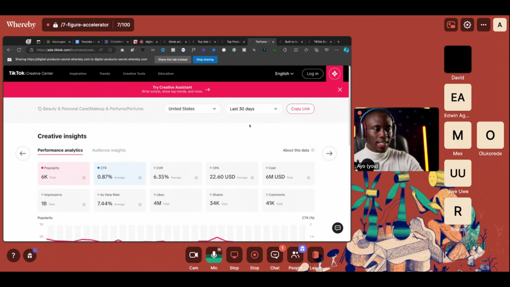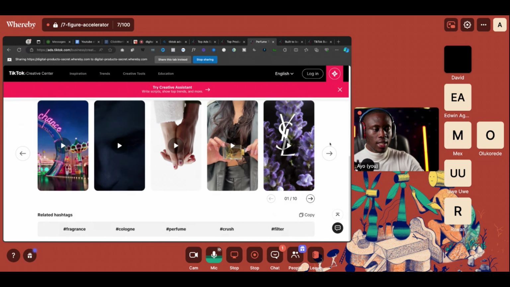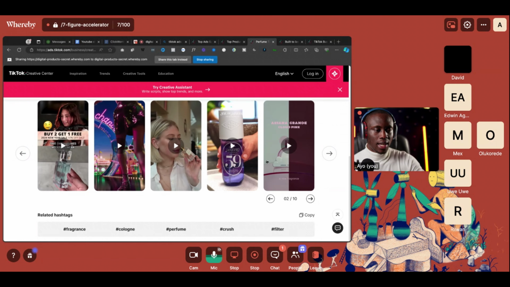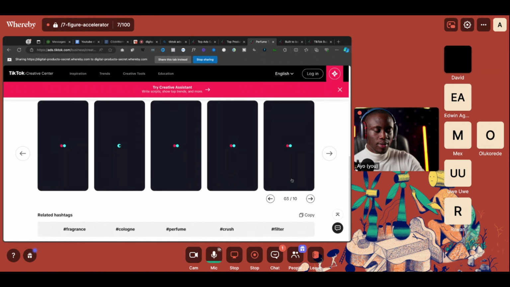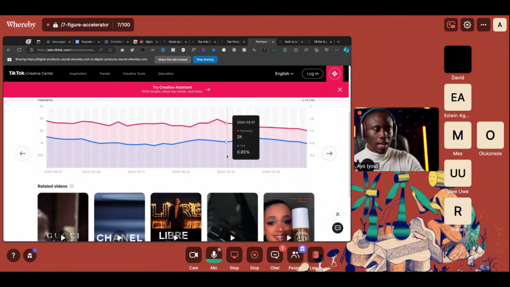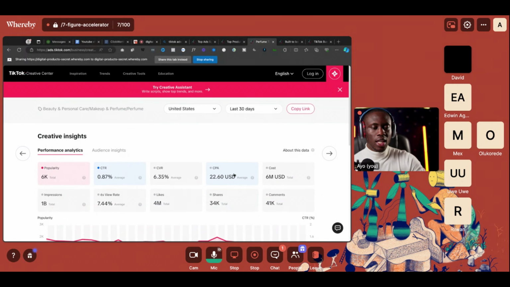This is exactly what is currently working in the last 30 days, especially in the USA. Let's say you were launching a brand right now, you can easily find ads that are currently working and just model after it. Because you have access to this information, it gives you an average of how much you should expect to spend per advertisement.